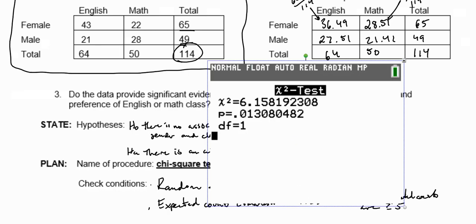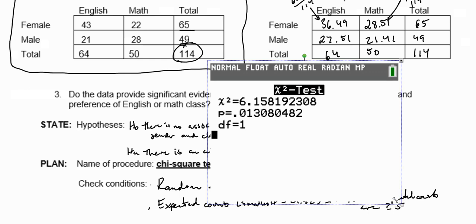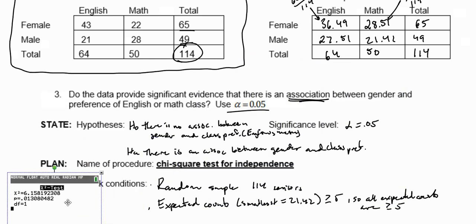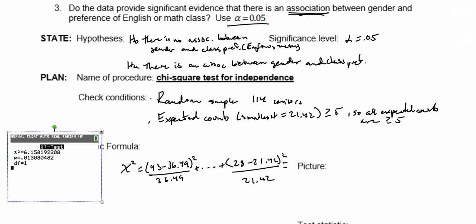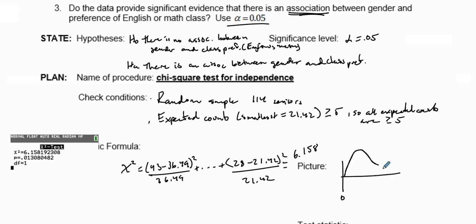Now, grabbing that information, we can do something with it. I found my chi-square test statistic, and it's going to equal 6.158. We know this is a chi-square distribution starting at 0, and I have degrees of freedom of 1. Why do we have degrees of freedom of 1?